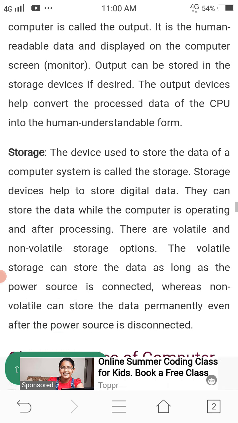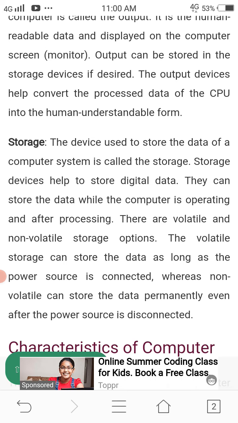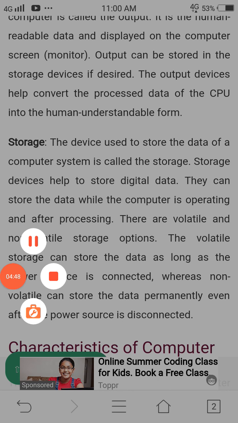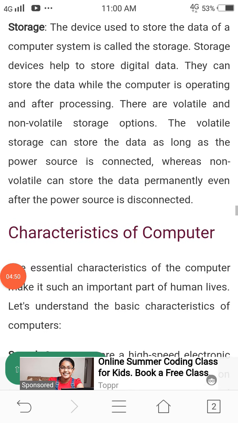Next is storage. The devices used to store the data of the computer system are called storage. There are two types of storage: volatile and non-volatile. Volatile storage can store the data as long as the power source is connected, whereas non-volatile can store the data permanently even after the power source is disconnected.